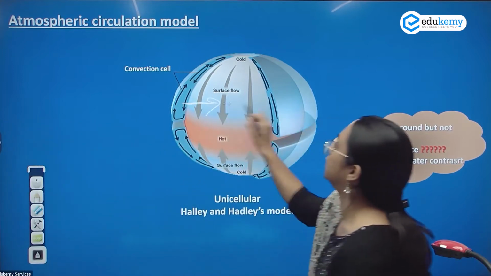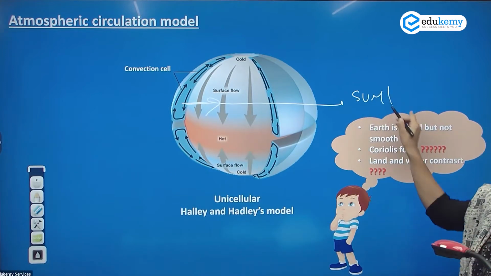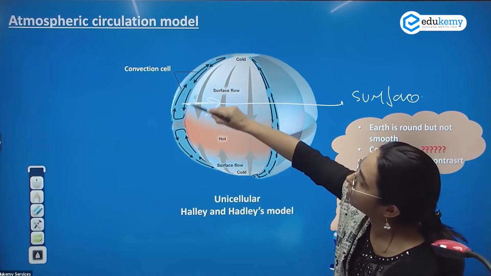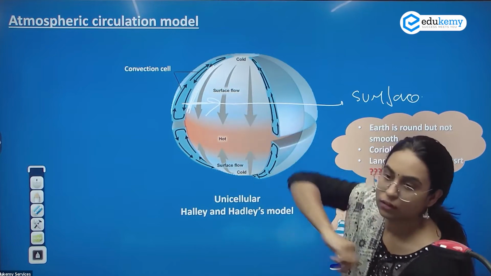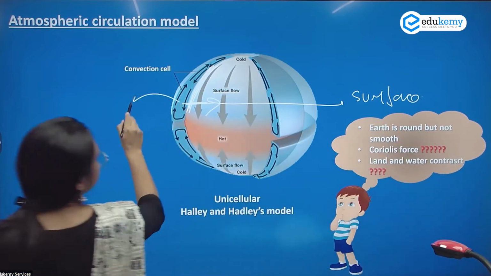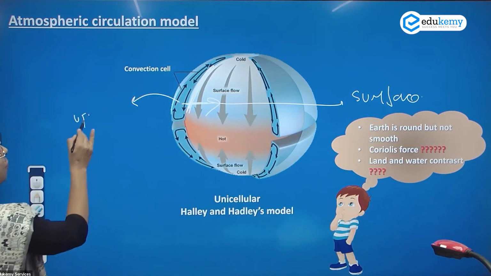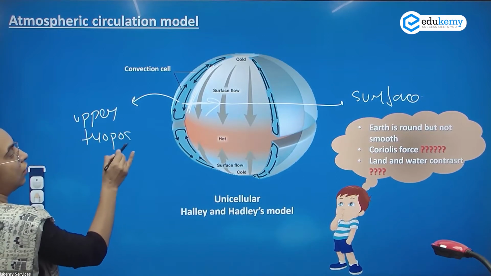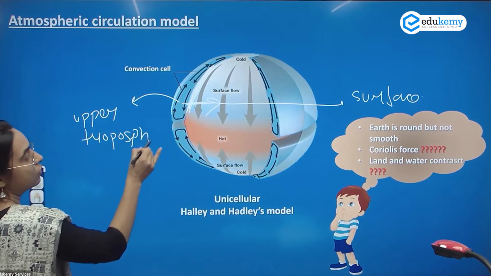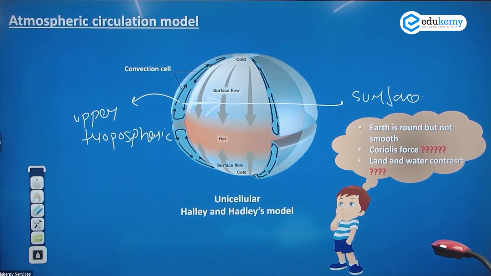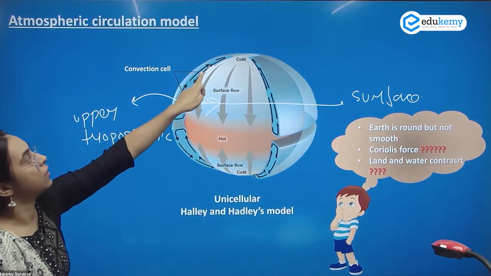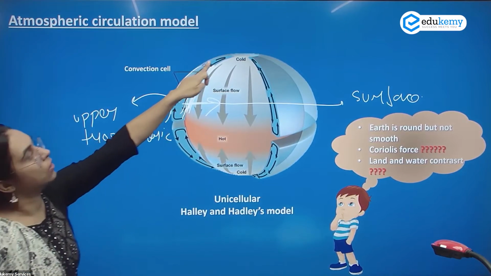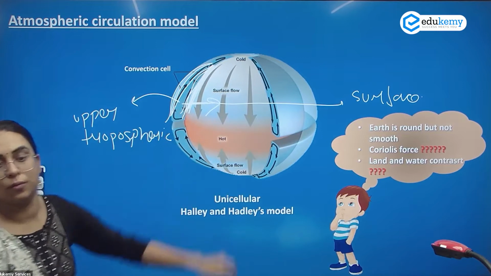This is the surface. And this is the upper tropospheric wind. This one is your surface winds. This one is your upper tropospheric wind.